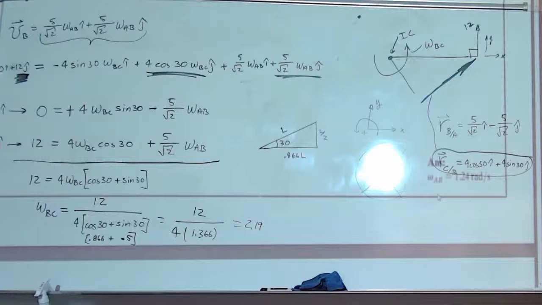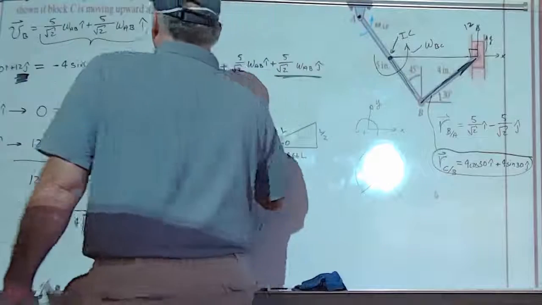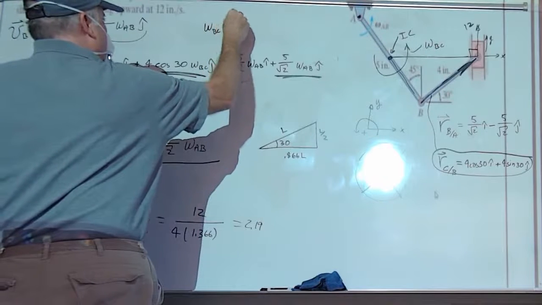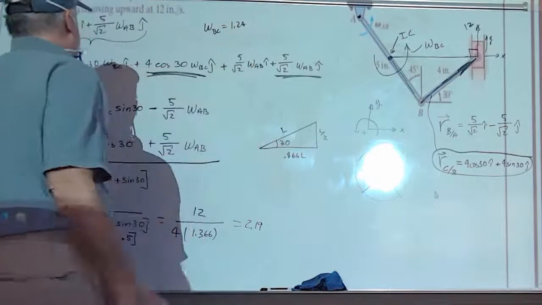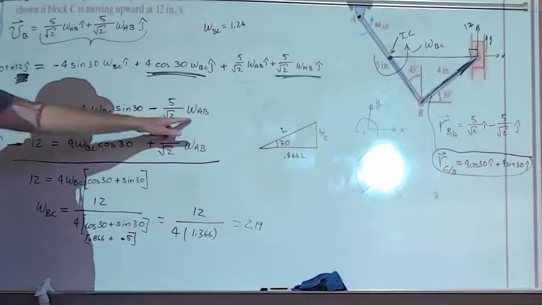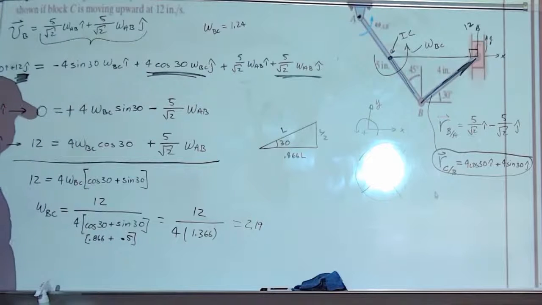Uh-oh, it's 1.24. So the answer, omega BC, is equal to 1.24. No, wait, no. That's omega BC. I didn't find omega AB yet. Okay. So I might not be wrong.